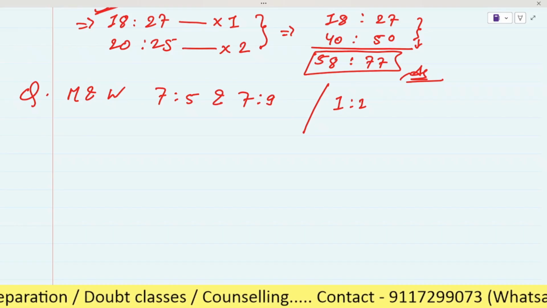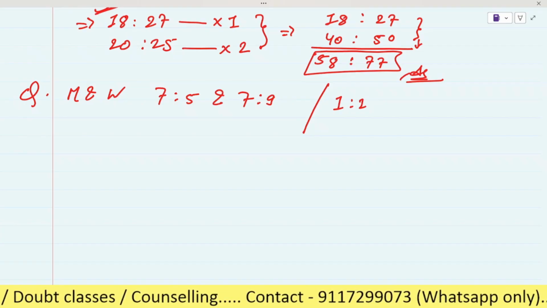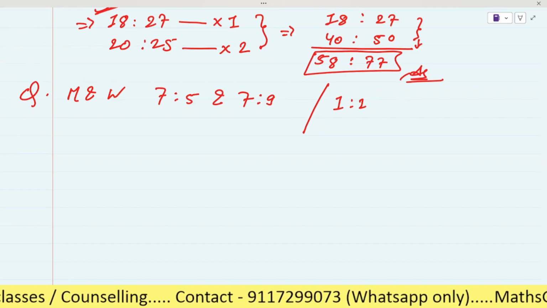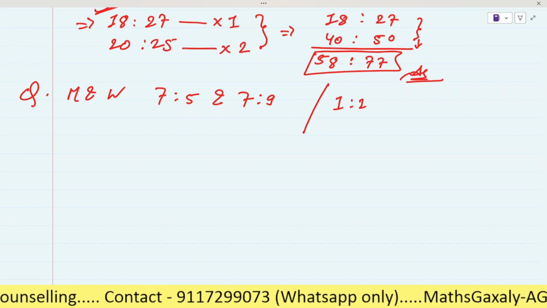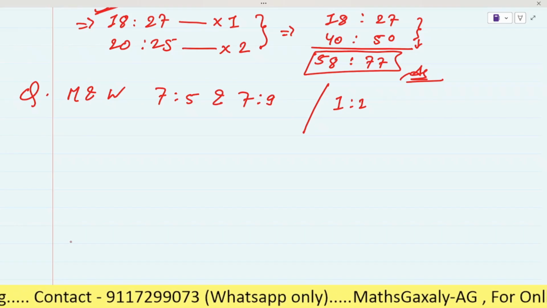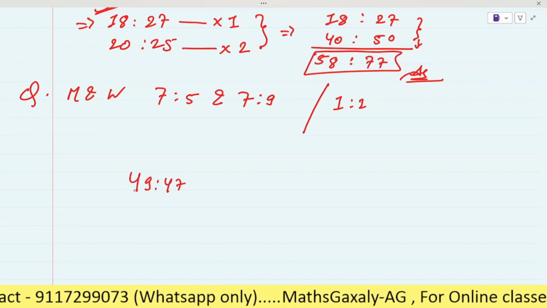I am repeating again. Two vessels contain milk and water in the ratio 7 is to 5 and 7 is to 9. If both vessels are mixed in the ratio 1 is to 1, find the ratio of milk and water in the new mixture. You have to do it by yourself. Answer will be 49 is to 47.